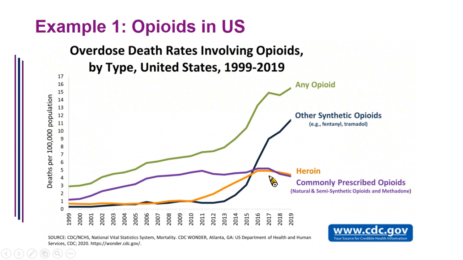So the first example is the most famous one that you don't want to miss, the opioid crisis in the United States. You may have heard that in the past 20 years, the past 2 decades, the opioid crisis, abuse and misuse issue is a hassle there and still not really addressed so far, sadly.